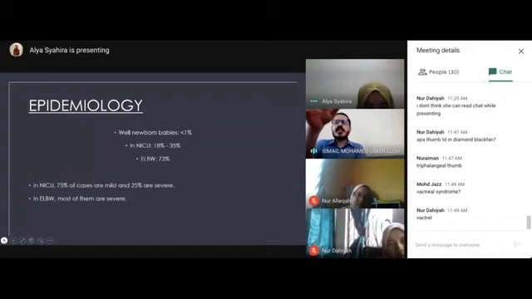I think I have a mistake. Which one do you see? I see the definition first slide. So you said mild thrombocytopenia, platelet 50 to 150, moderate 20 to 50, severe less than 20.